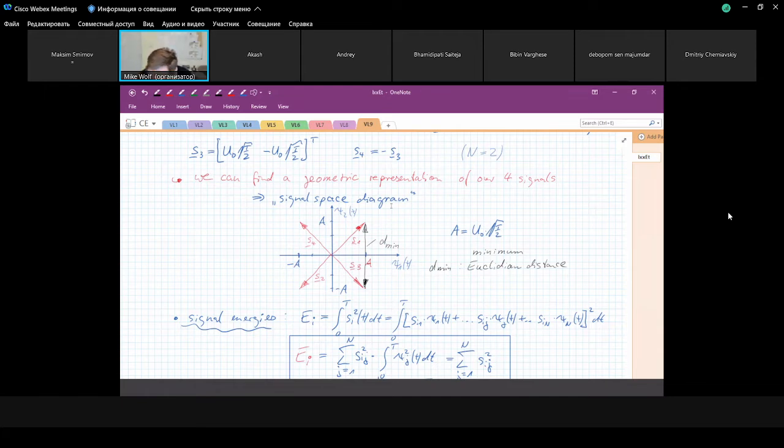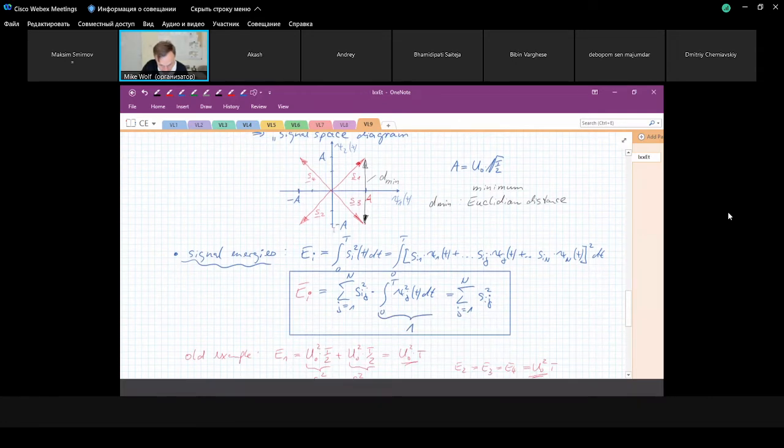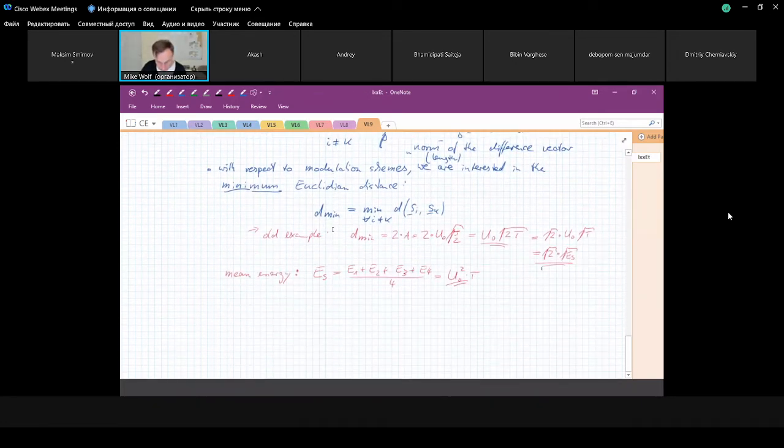So if you have a certain code word and another code word, and you draw the corresponding time continuous signals for a given modulation scheme, then you would obtain a signal space with a huge dimension depending on the length of your code words for a block code, and you basically increase your Euclidean distance by means of the Hamming distance. But here we only take a look at the modulation schemes.